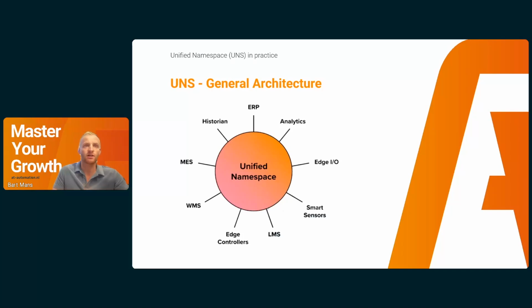When we take a look at the general architecture for a UNS, a unified namespace, in this image, we have the unified namespace in the middle, and it connects to any other system, like an ERP, MES, but also edge systems or machine learning systems and such. So the unified namespace is always in the middle. Of course, this is a really schematic overview of such an architecture.